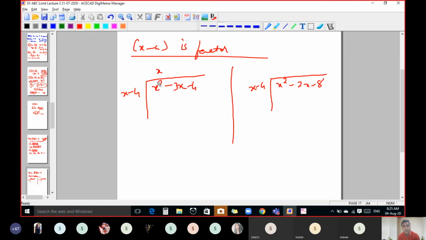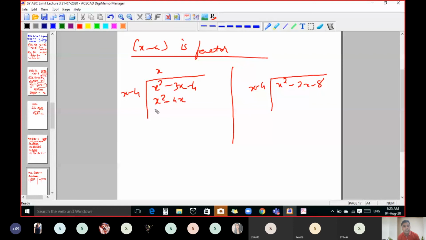Now multiply this x with this factor, x into this. If you multiply, we get x into x, x square, and x into 4, 4x. So you can write here x square minus 4x.